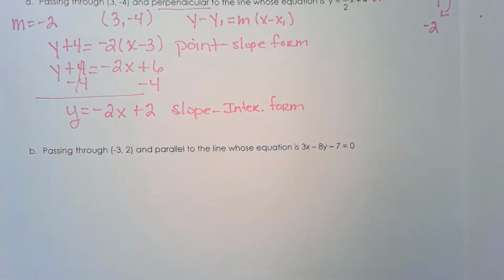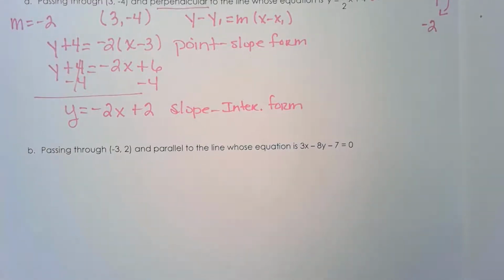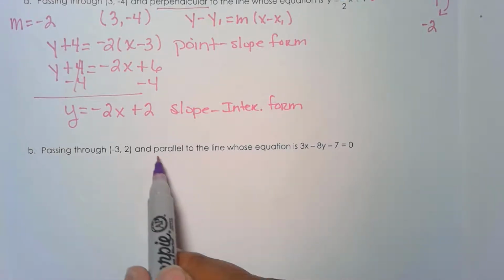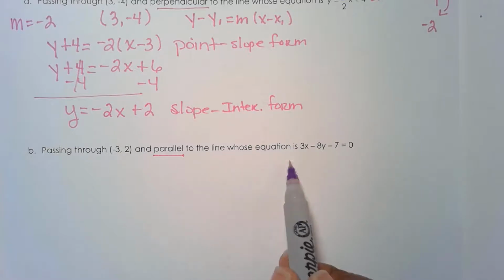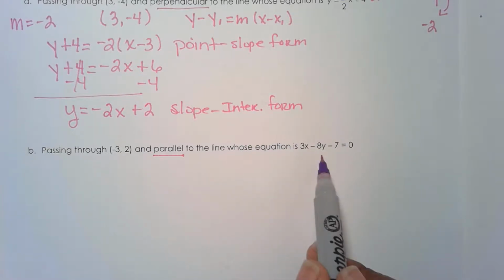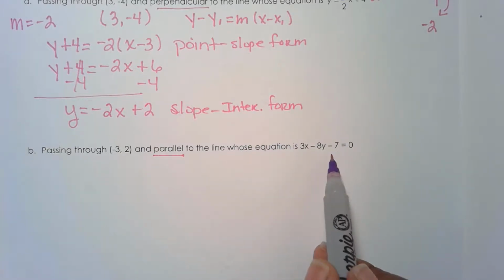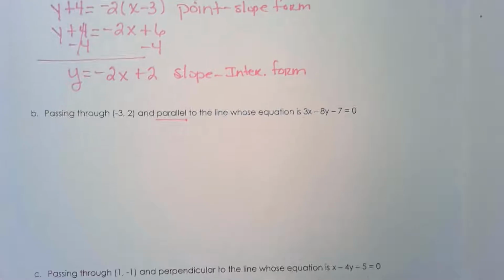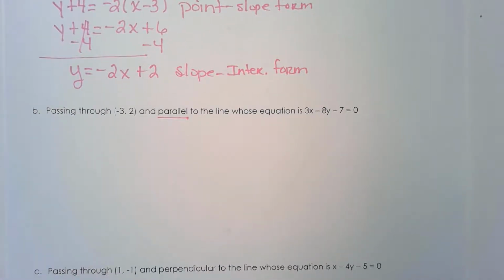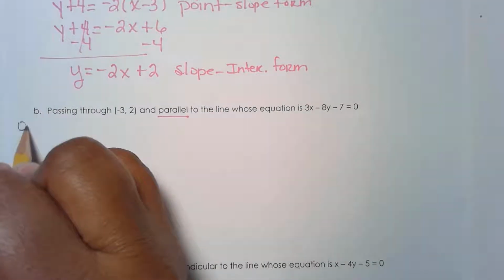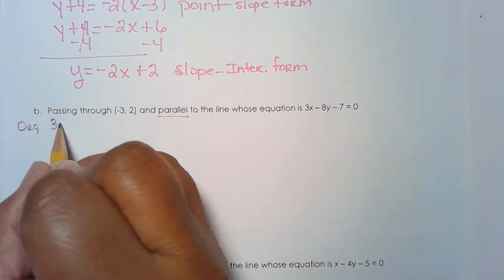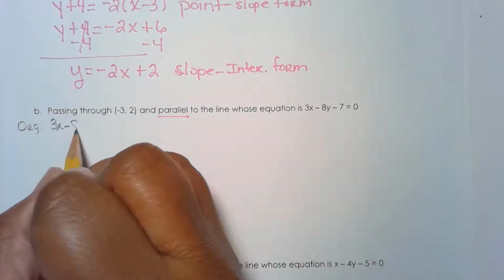Let's look at 2B. Here are the conditions. Passing through -3 comma 2, parallel to the line whose equation is 3x minus 8y minus 7 equals 0. So here's the original equation, and we need to find the original equation's slope.